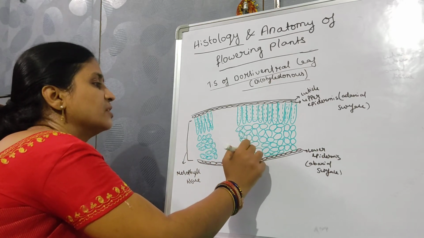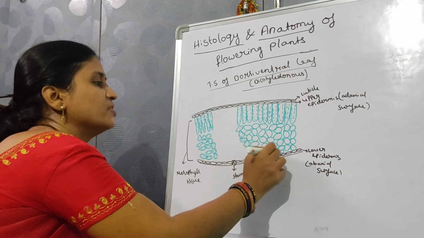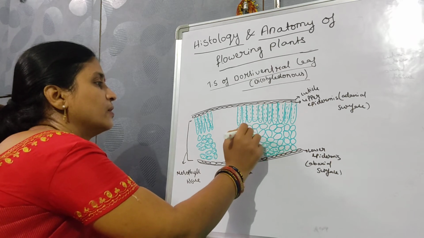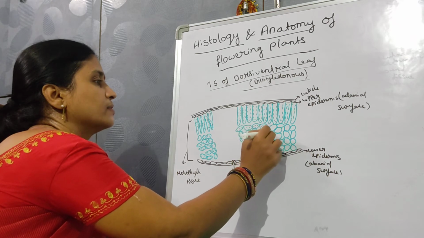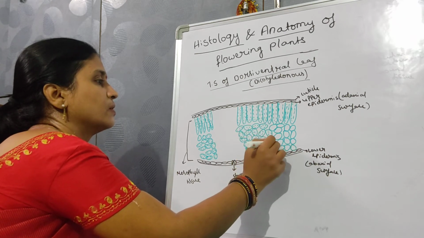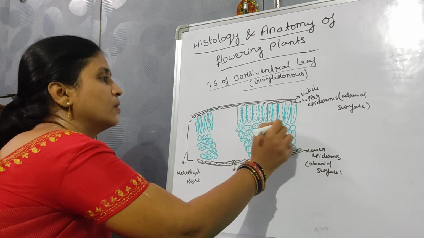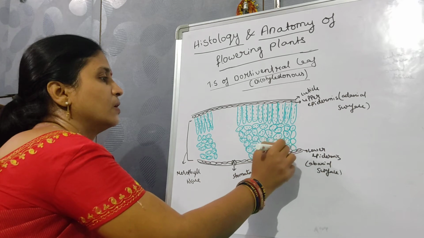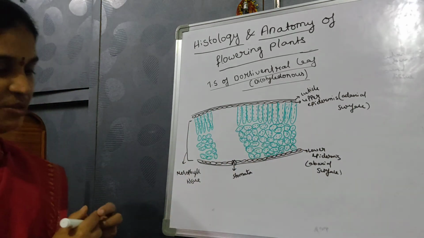These are the chloroplasts moving in the cytoplasm of the spongy parenchyma cells. This is about the spongy parenchyma.